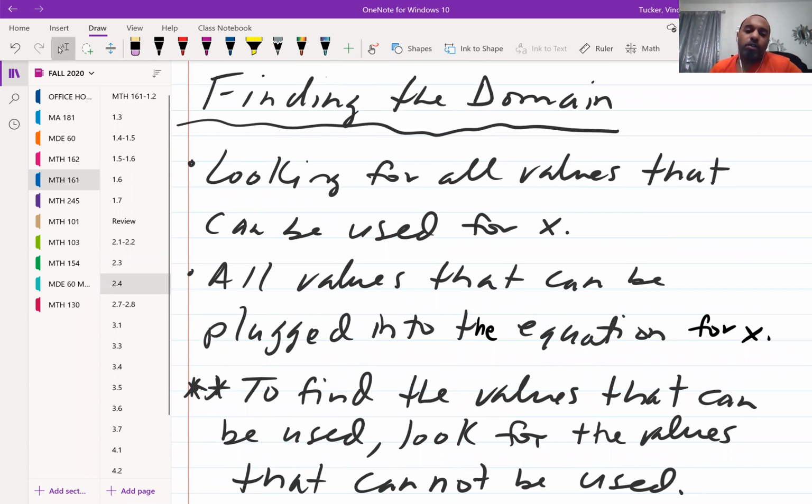To find the values that can be used, it'll be easier to look for the values that cannot be used.